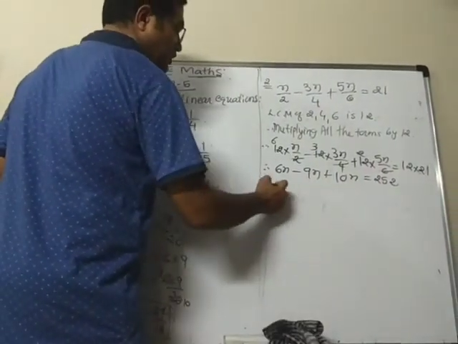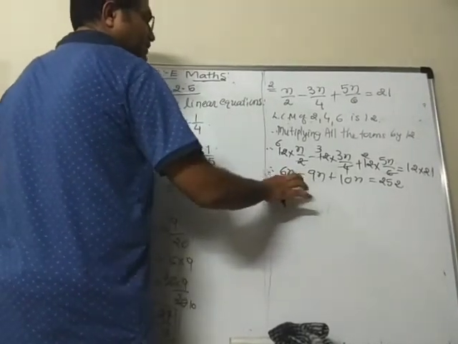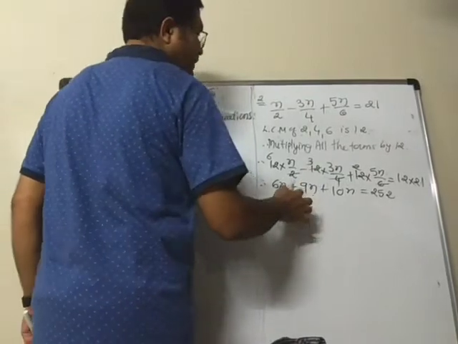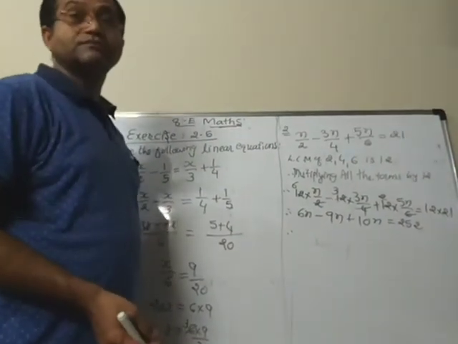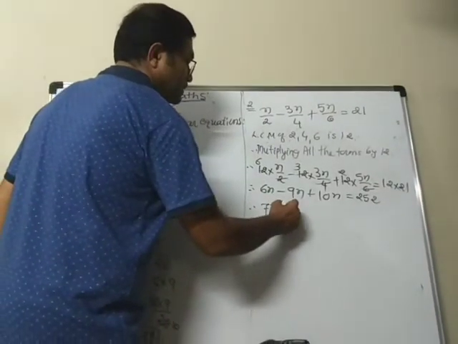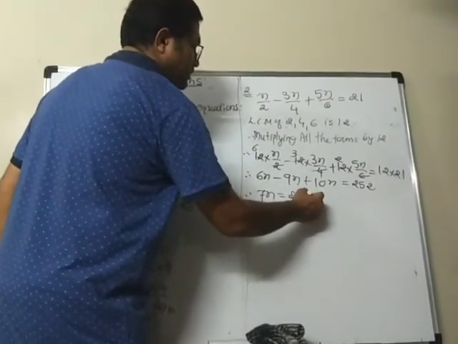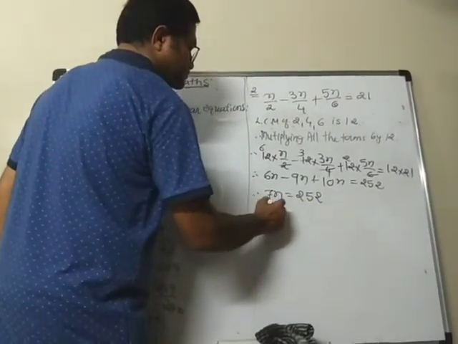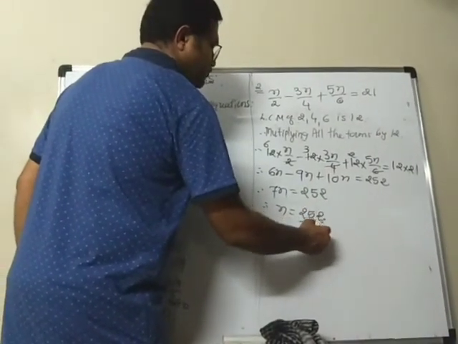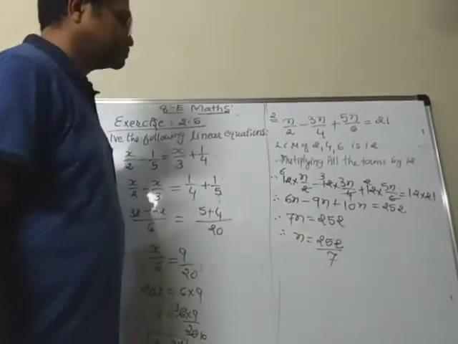So now here, first we will add 6 plus 10 is 16. 16 minus 9, how much? 7. So 7n is equal to 252. So n is equal to 252 upon 7.